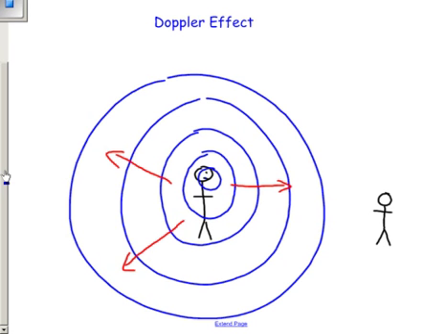Let's think about each circle being the crest or the top of the wave, and then in between it goes down to a trough, and then it comes back up to the top at the next blue line. So just like ripples on a pond, their voice is going out. Now their voice is going out in three dimensions instead of just two, like on a pond, but drawing it this way helps us kind of visualize it.